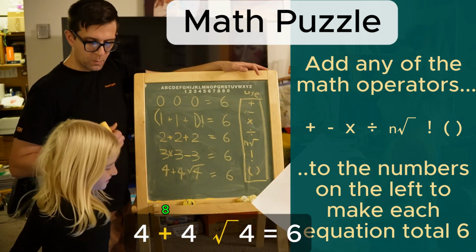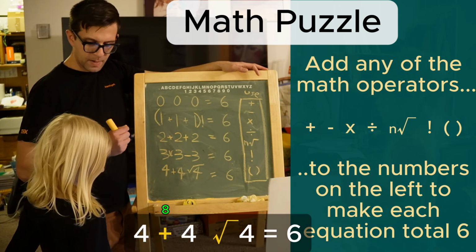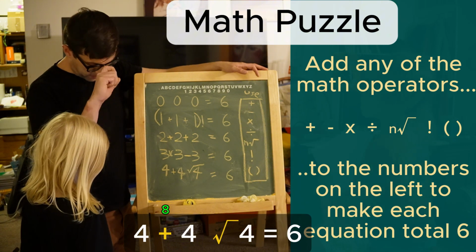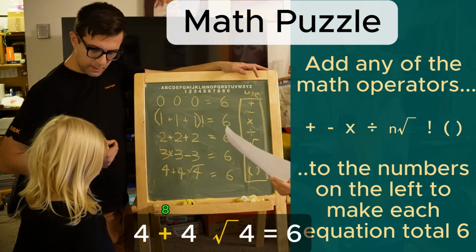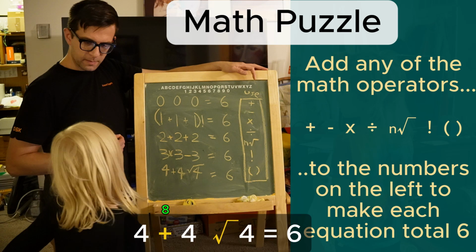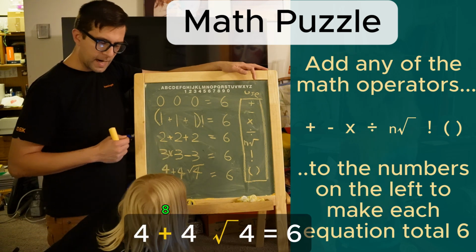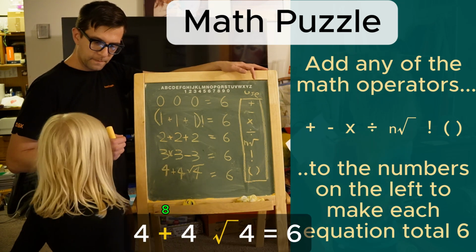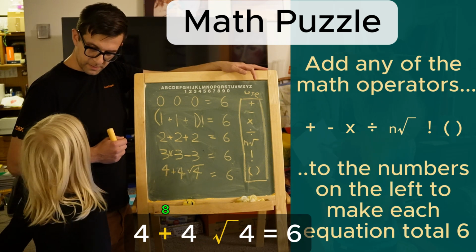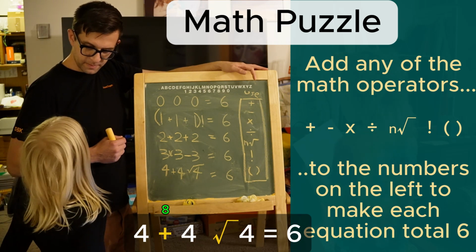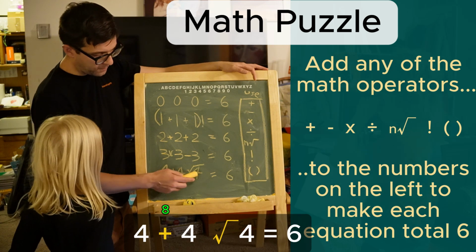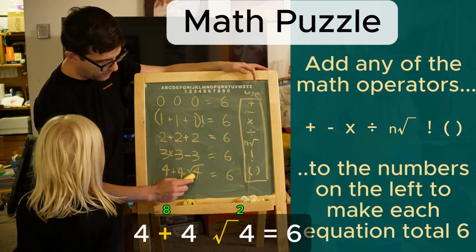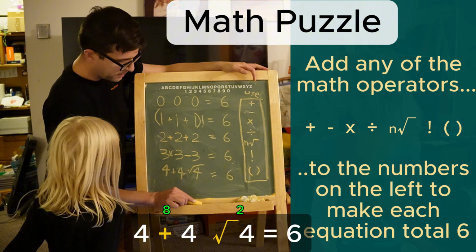Does 1 times 1 equal 4? Does 2 times 2 equal 4? What's 2 times 2 equal? 4. There you go. So actually the square root of 4 is 2. So square root of 4 makes this become 2.